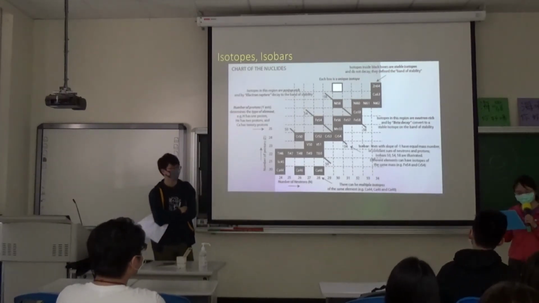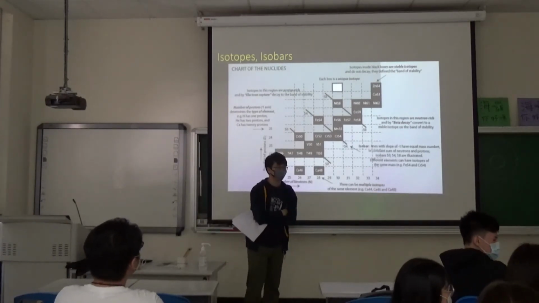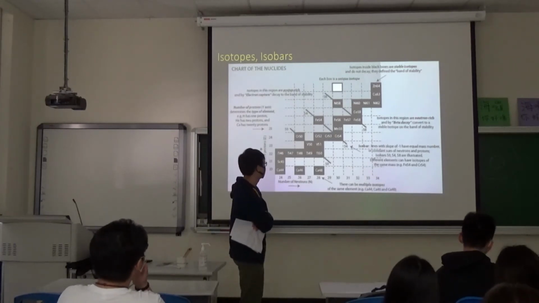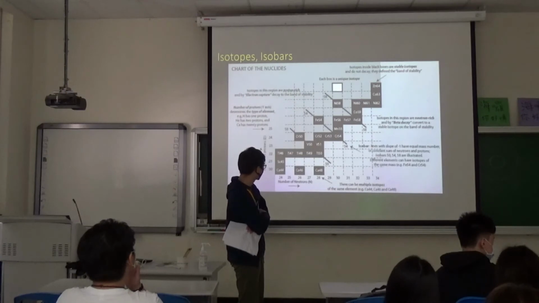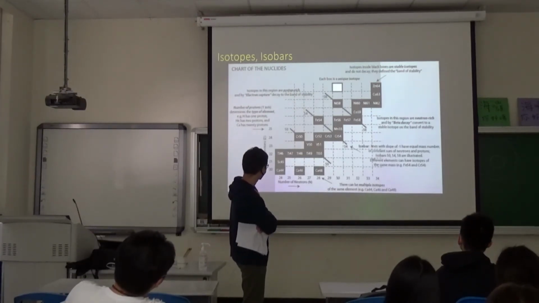Okay, and Ray. First one is in this picture, and we can see that the even numbers of protons have more isotopes, and the odd numbers of protons have fewer isotopes.